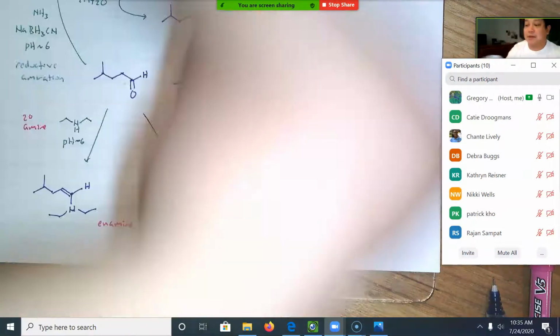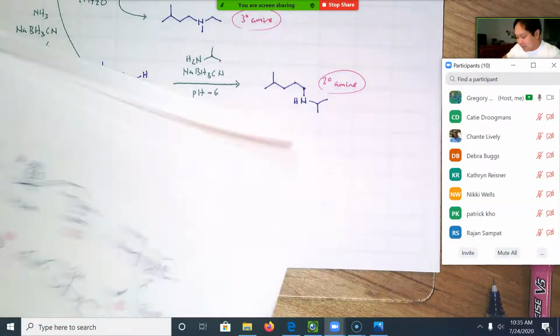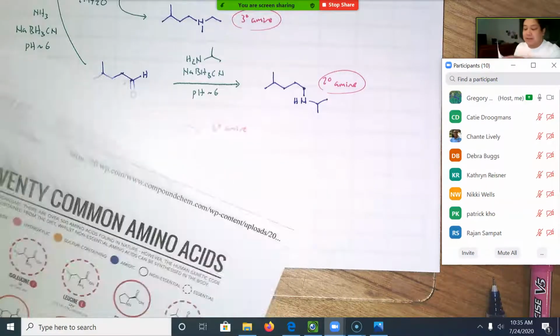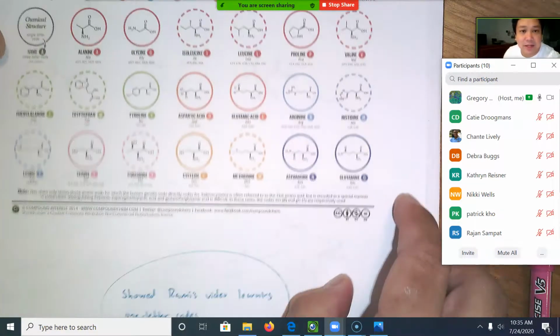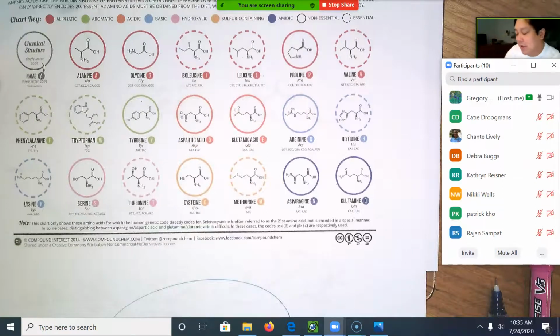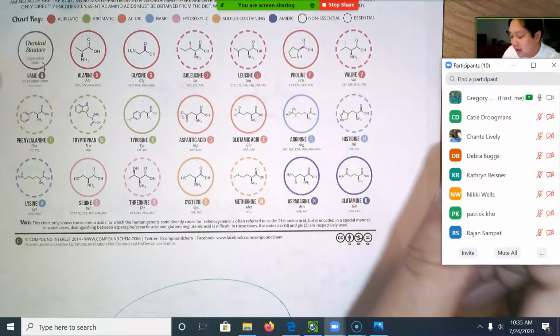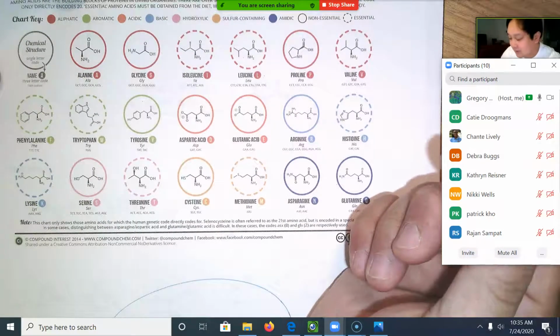Strecker is interesting because you have 20 natural amino acids. Okay, so hopefully you can see my screen. It's a little bit tiny, but there's 20 amino acids that occur in your body, and you can make most of these via the Strecker synthesis.